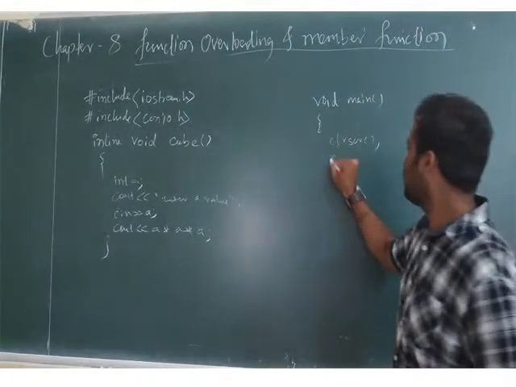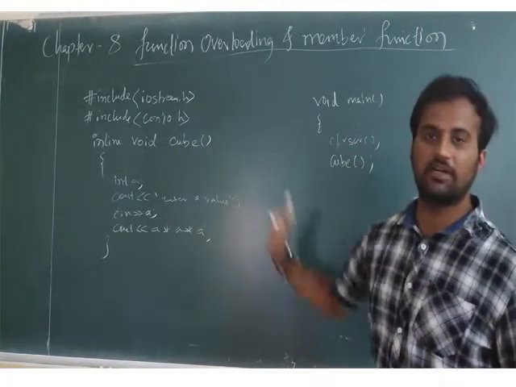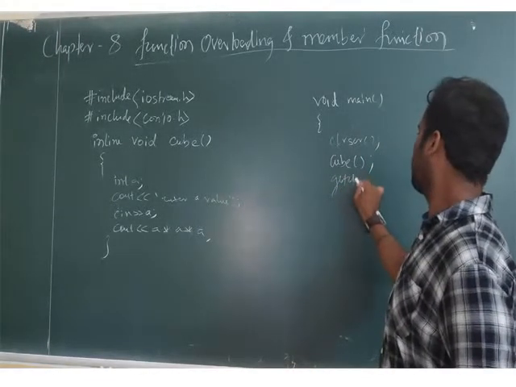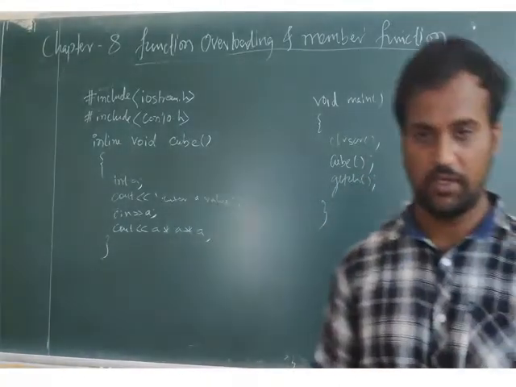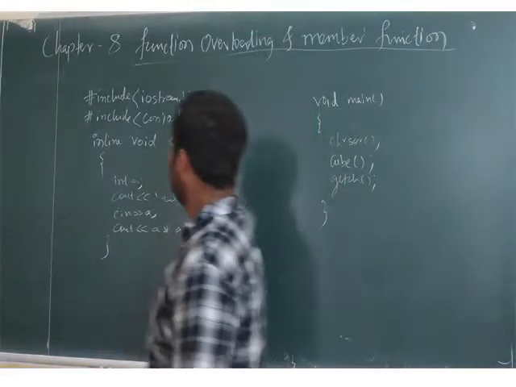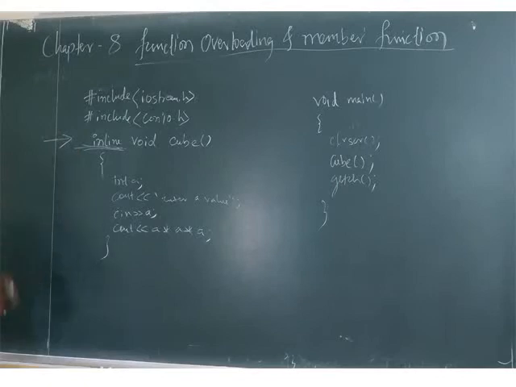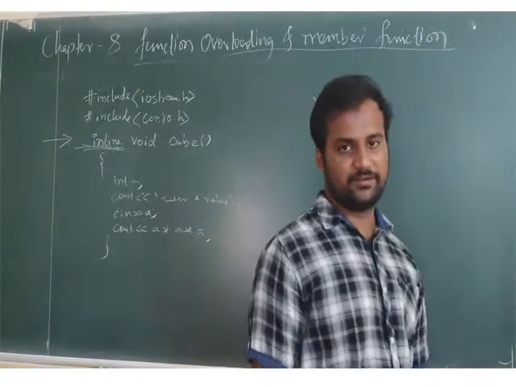Just write the function name, and automatically the computer will understand, call that function and execute it. This is very simple. This is inline. See, they are using the word keyword. This is the keyword called inline.